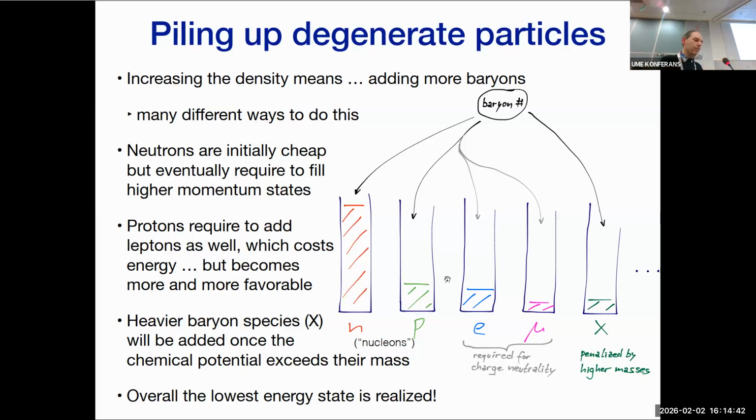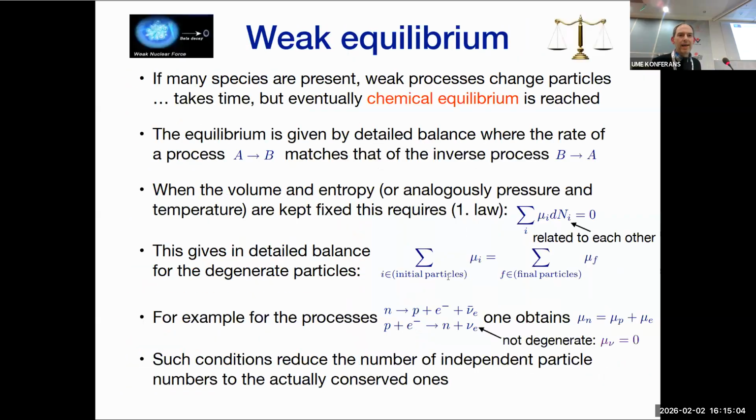That will make the equation of state, the pressure, rise slower with density. So that's the generic thing. On the other hand, and I'll get to that, that's not the whole picture, but this is only taking into account that these particles don't interact. Whereas in reality, they interact extremely strongly.